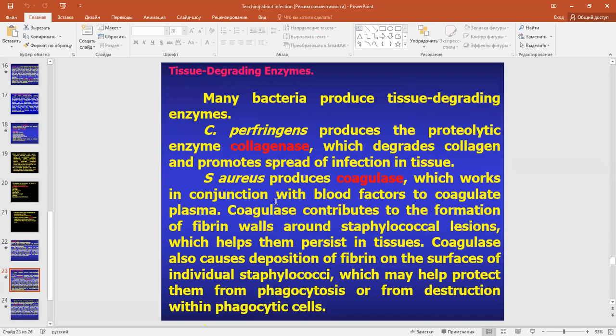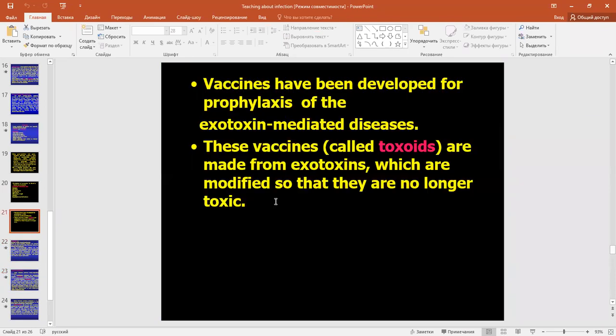The exotoxin should be isolated: bacteria should be cultivated in liquid medium, and they will produce exotoxins, proteins, and we will separate them by filtration using membrane filters, and we will get the toxic protein. The task is to keep the antigenic structure but decrease the virulence, to remove toxic properties.